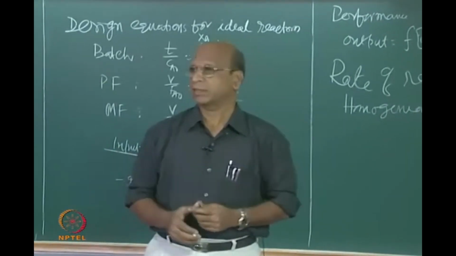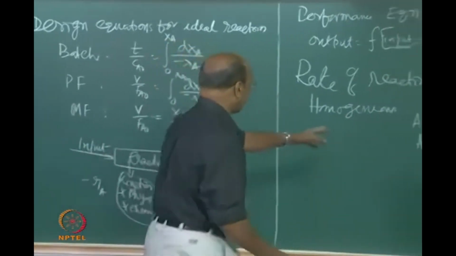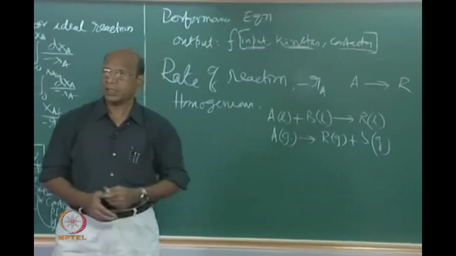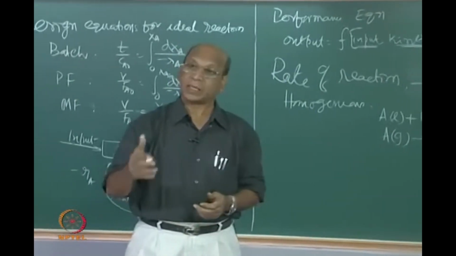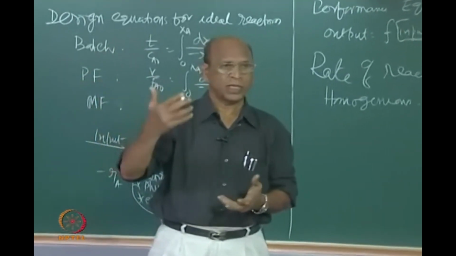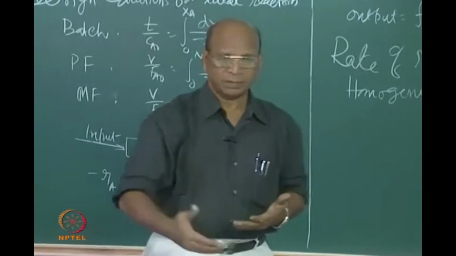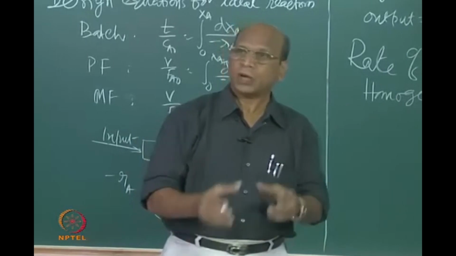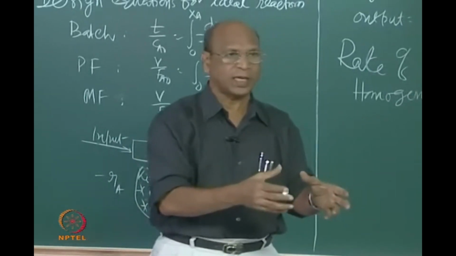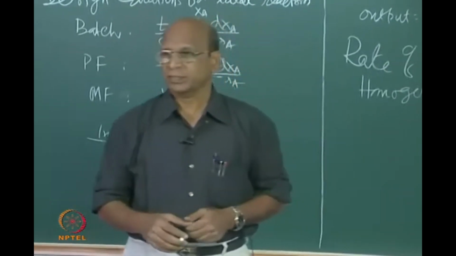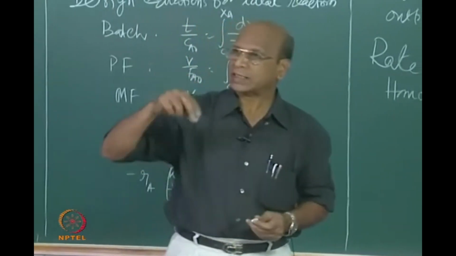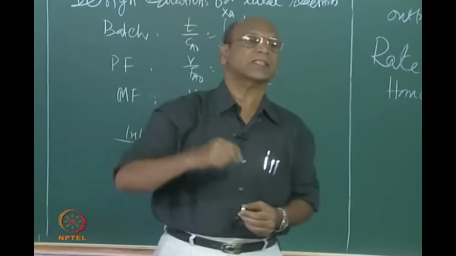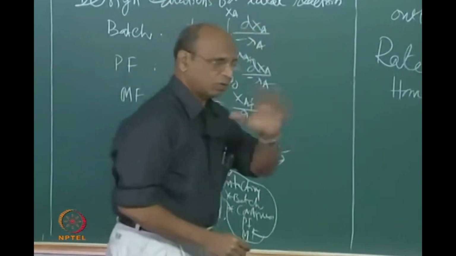You may have both A and B liquids at room temperature, but under actual reaction conditions both may be vapors. That is again homogeneous, but a gas phase reaction. You have to see whether the reaction time is very small or large. Because the reactants are liquid phase does not mean you choose only a CSTR. We are talking about whether it is gas phase or liquid phase at the time of reaction only.